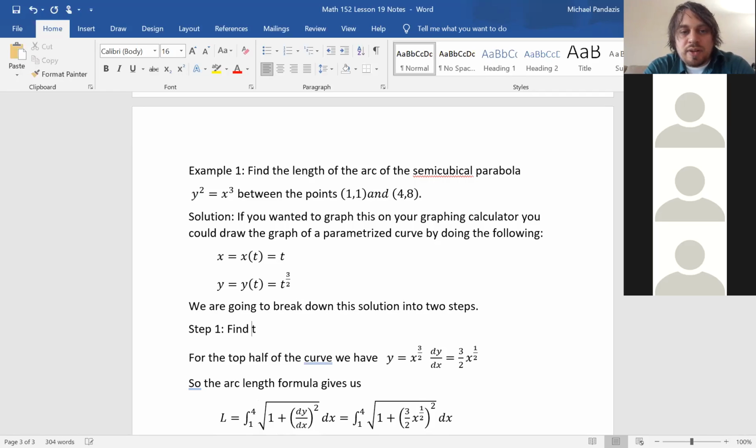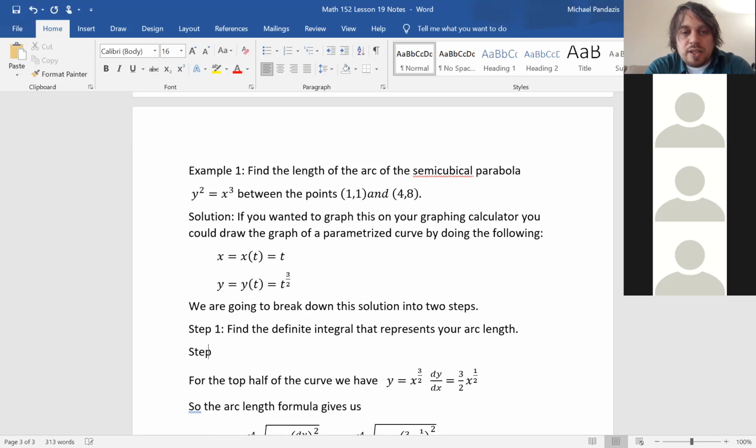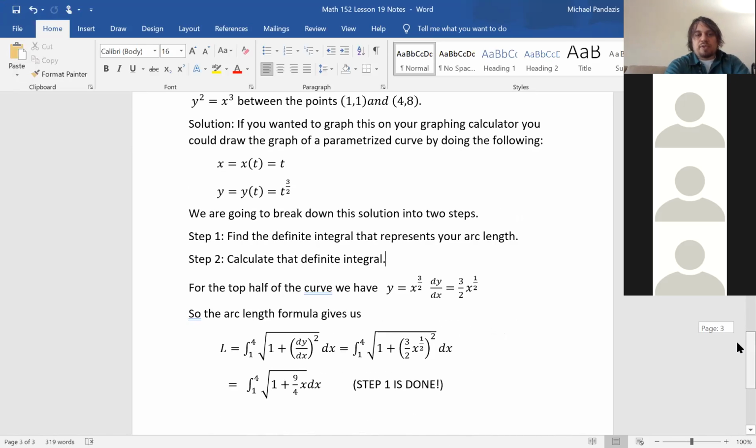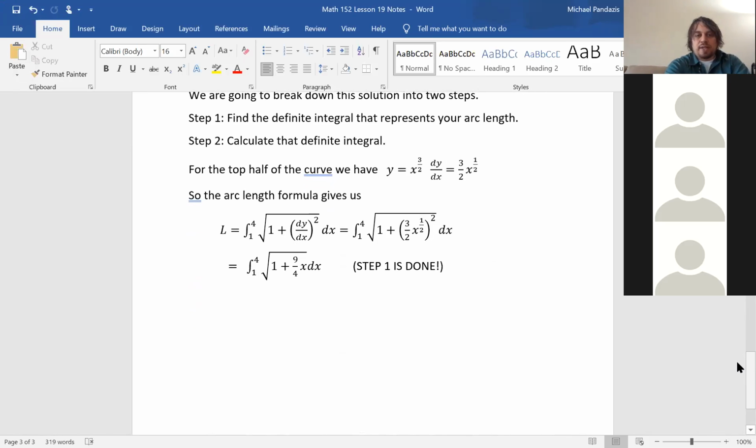Step 1, find the definite integral that represents your arc length. Step 2, calculate that definite integral. And then you're done. So since step 1 is done, we're now going to go to step 2.